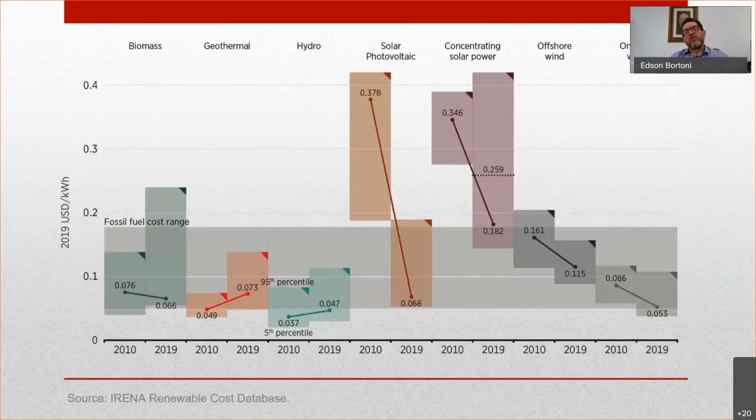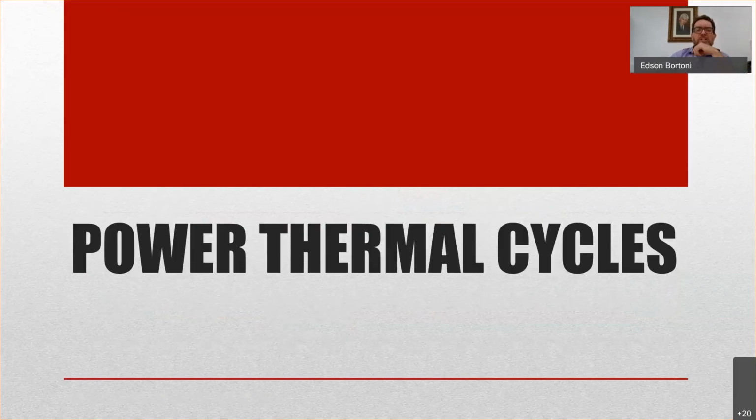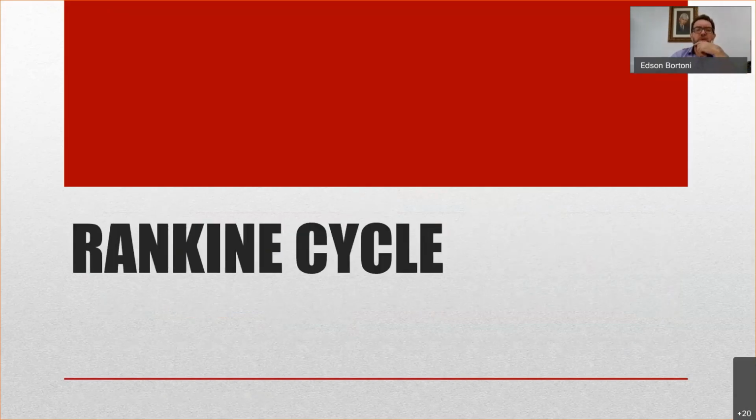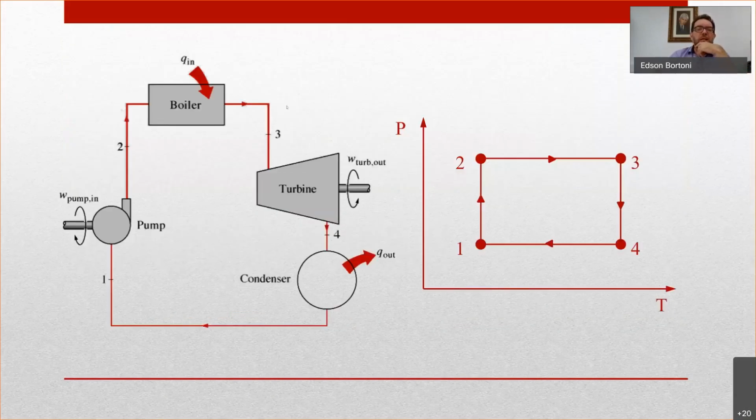Now we are going to start with the power thermal cycles, the Rankine cycle. The main fluid in this cycle is water. Let's take, for example, point number one. We have water here at low pressure and low temperature.